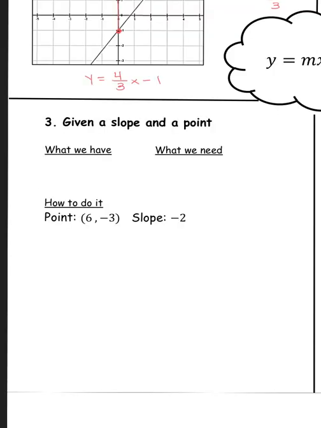All right, for our third example, we're given a slope and a point. So for this example, we have a point and we have a slope. In this situation, to write our equation in slope-intercept form, what we need to find is the y-intercept.